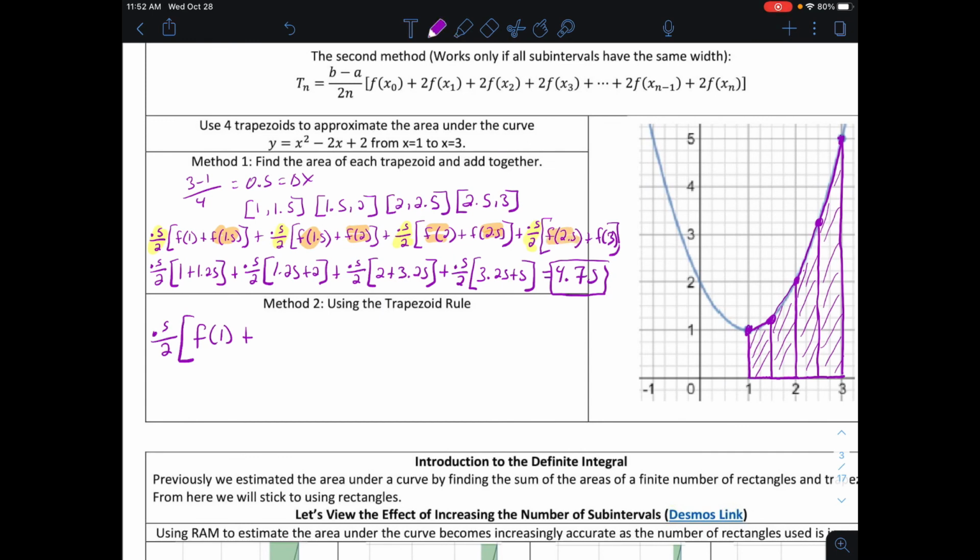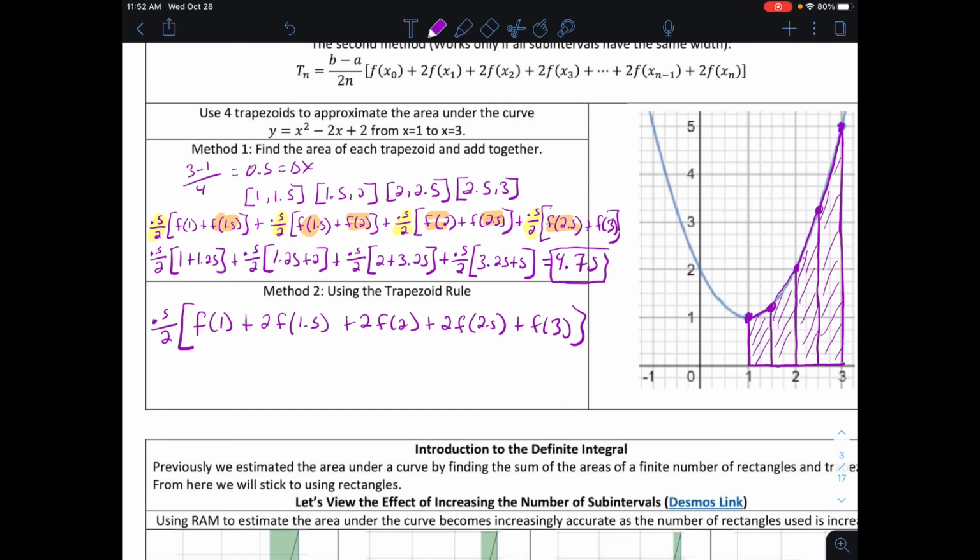But that 2.5 shows up twice as well. So I could just say double those individual y values that appear twice. So 2 times f of 1.5 plus 2 times f of 2 plus 2 times f of 2.5 and then plus f of 3. And we would get the same answer.